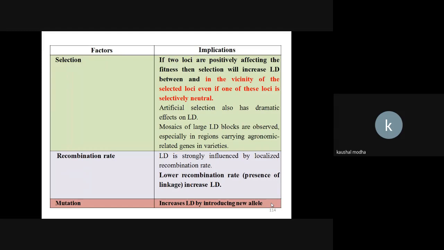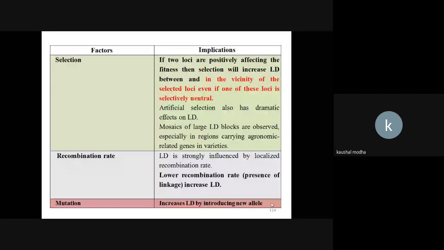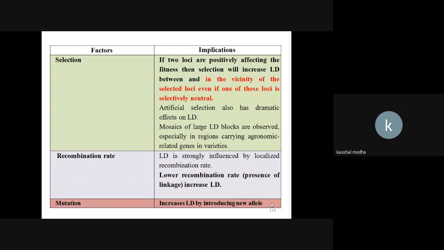So yield-contributing alleles would be common in all these high yielding varieties, and because they have been selected, you will find larger LD blocks. There are no narrow LD blocks there. So this is the effect of selection. Then recombination rate.